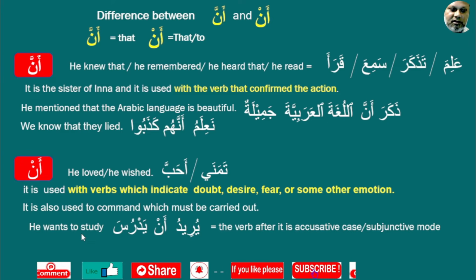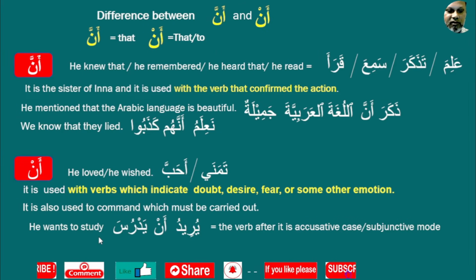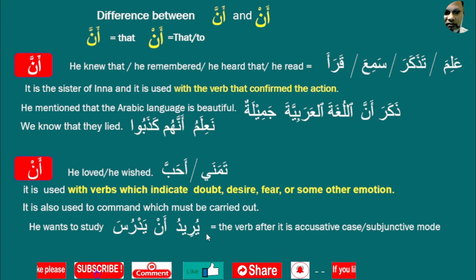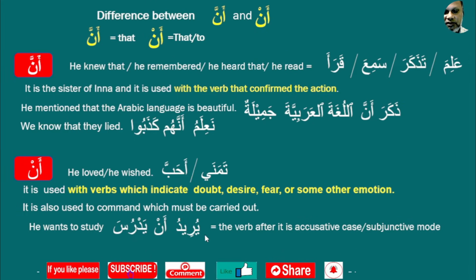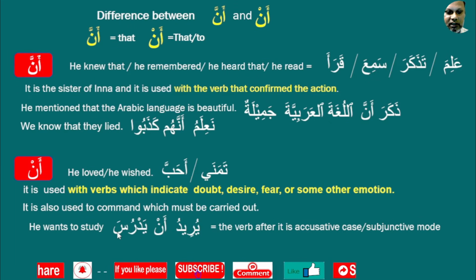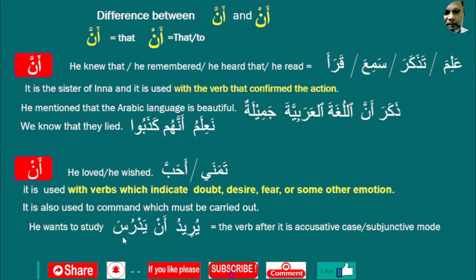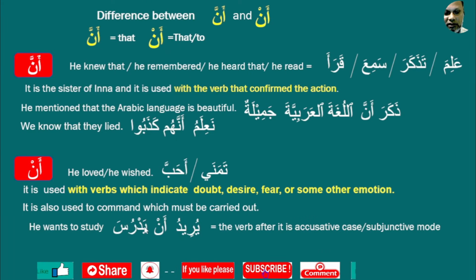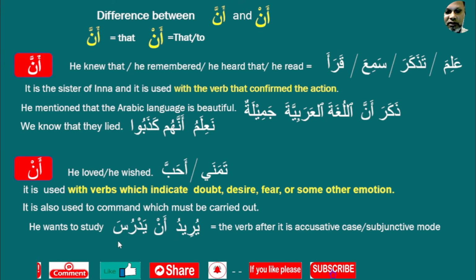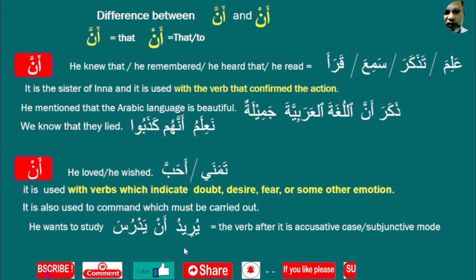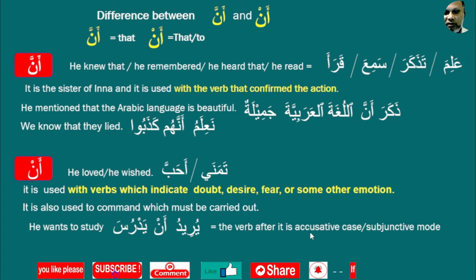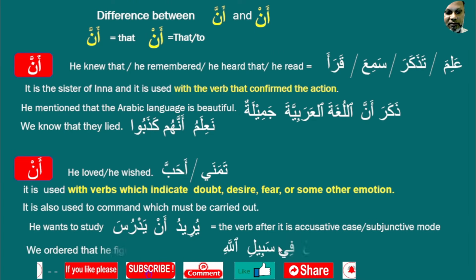This is his desire that he wants to study, but he may not study. It is not confirmed. So an is used here. Yuridu an yadrusa. The yadrusa after an will be in the accusative case. The verb will be in the subjunctive mode, or accusative.